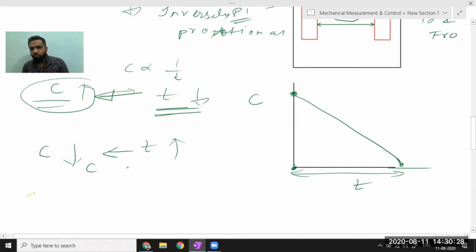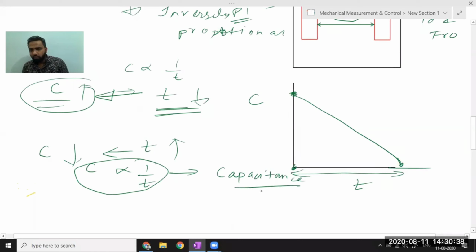So if you alter the distance between the plates, capacitance changes in some way. It can be increasing or decreasing, but one thing is for sure: whenever we change the distance between the plates, that is T, the capacitance will also change.